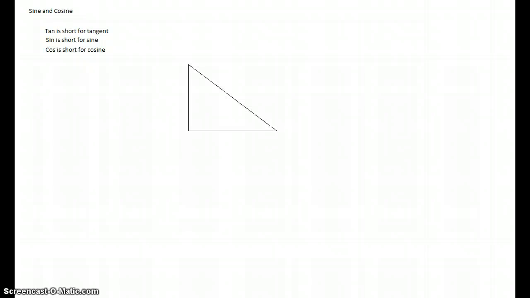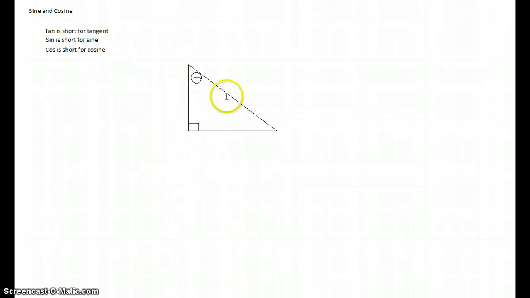Now, of course, all of these, tan, sine, and cosine, are going to deal with a right triangle. If you don't have a right triangle, you can't use tan, sine, and cosine. But if this is theta right here, I'm going to label this triangle just like we did yesterday: which side is the hypotenuse, which is the adjacent, and which is the opposite. I automatically know where the hypotenuse is.